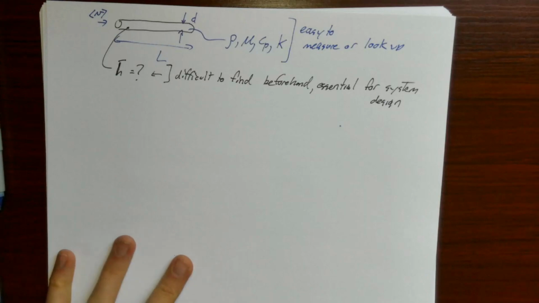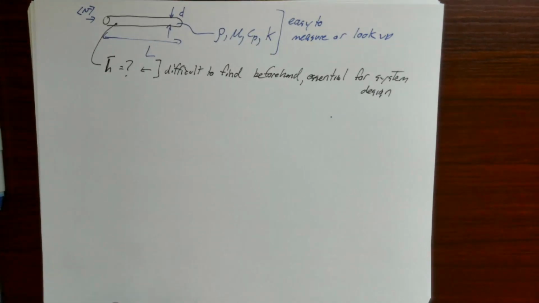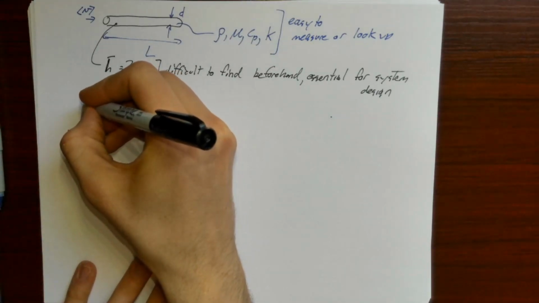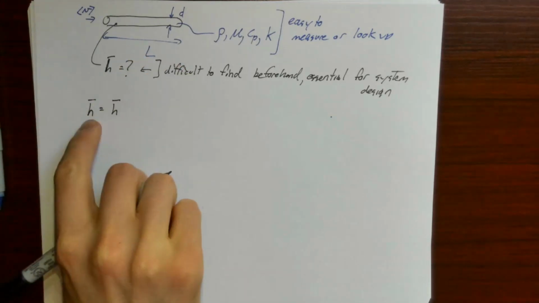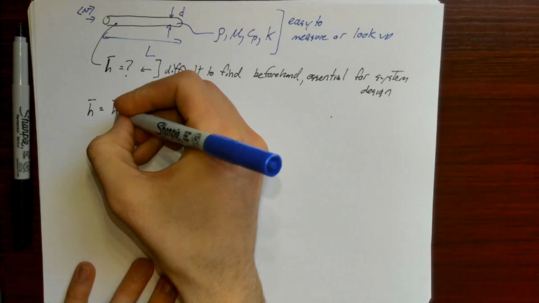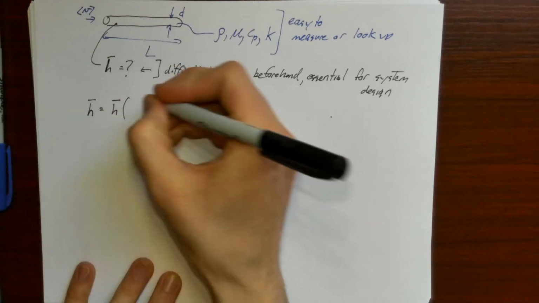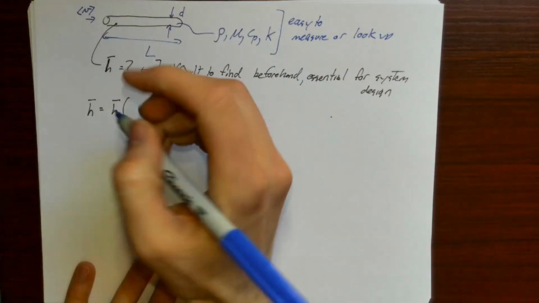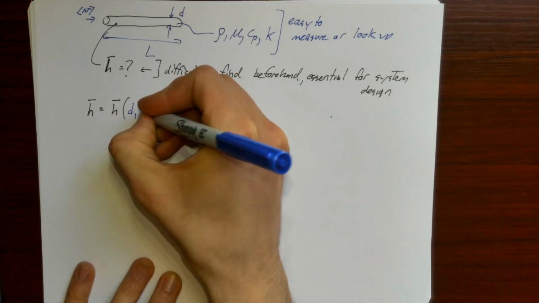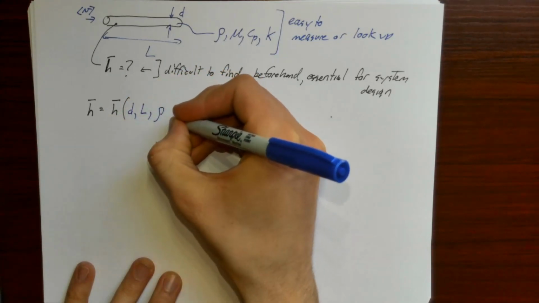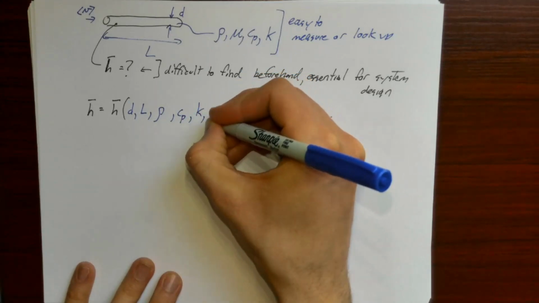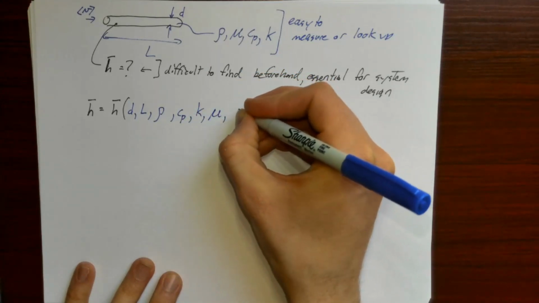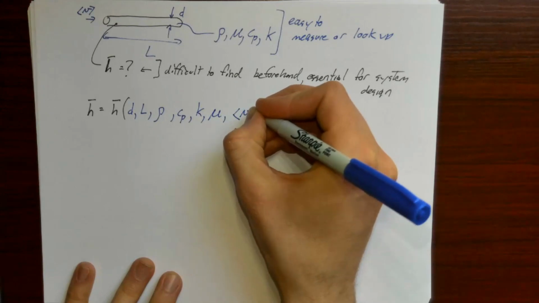So what is this lecture going to be about? Well, this lecture is going to be about the idea that my h bar, my heat transfer coefficient, is going to be a function of all of these things that are known. For example, tube diameter, length, fluid density, fluid specific heat, fluid thermal conductivity, fluid viscosity, and average fluid velocity.